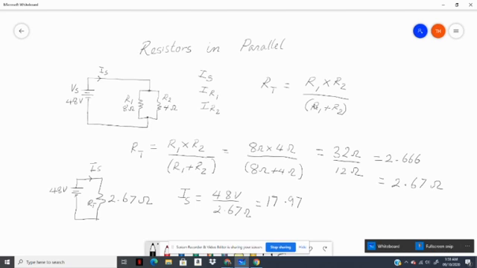If we write that to 3 significant figures, that comes out to 18.0 amps.